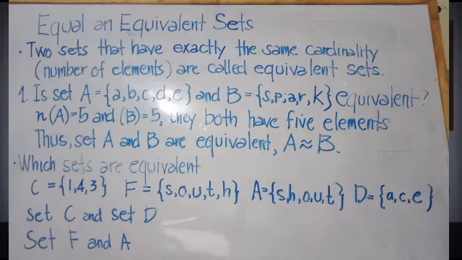The answer is sets C and D are equivalent, because set C has 3 elements while set D, ACE, also has 3 elements. And set F, SOUTH, has 5 elements, while set A, SHOUT, also has 5 elements, so they are also equivalent sets.